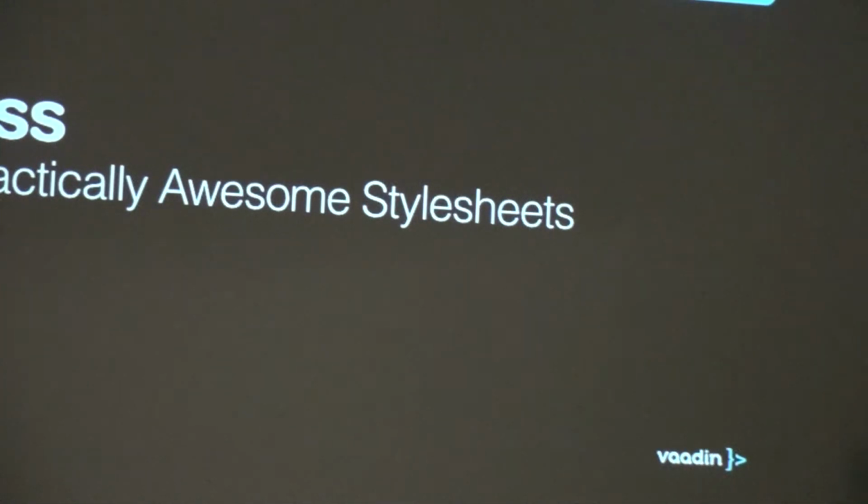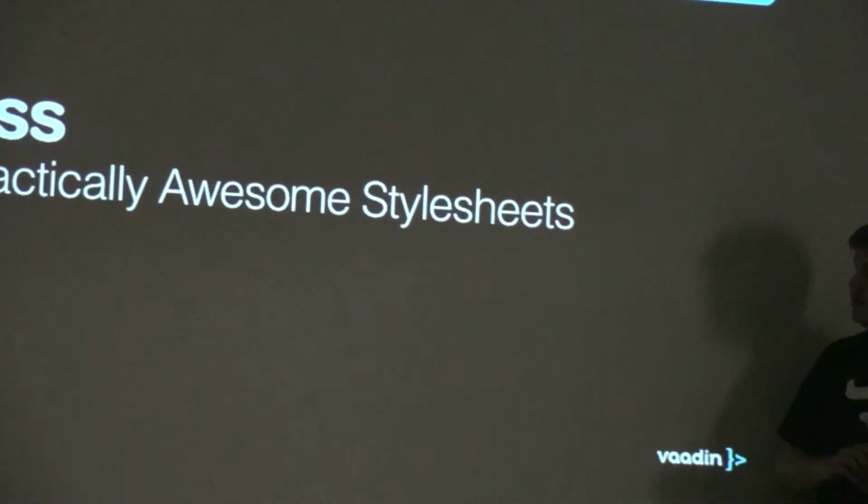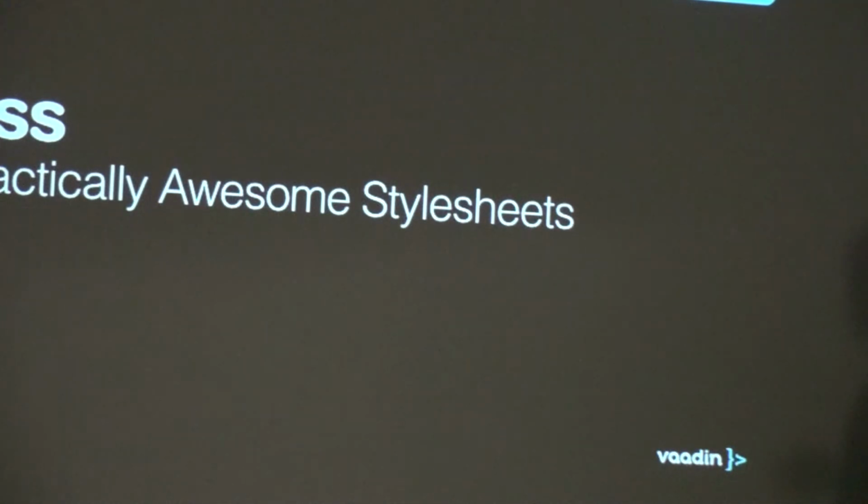But then the problem was that SASS is based on Ruby. So after a bit of thinking, we made a really stupid decision and re-implemented this from scratch. So we have our own Java-based SASS compiler in Vaadin. It was quite a bit larger project than we originally thought to implement that compiler from scratch.